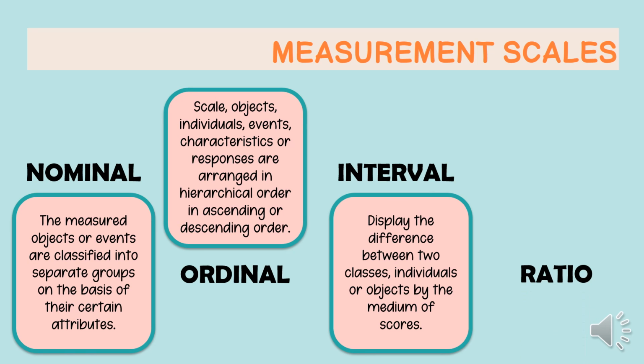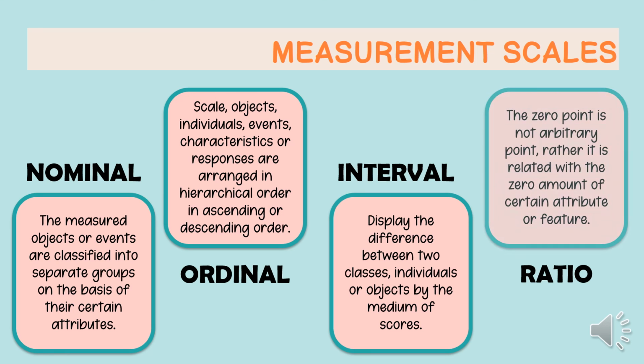And lastly, we have the ratio. This is the highest level of measurement. This scale comprises all features of all other scales. The presence of exact or true 0 point is the chief feature of this scale.